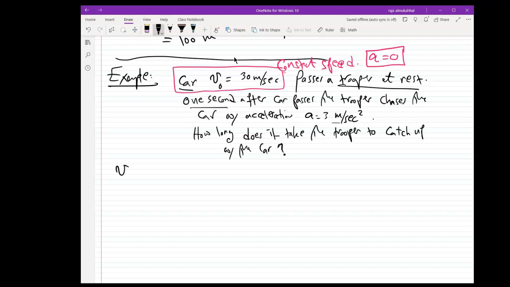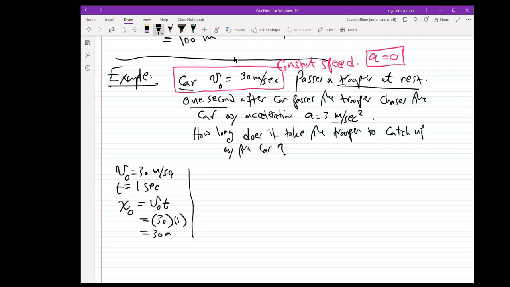The car is going at v naught equal to 30 meters per second for a time of 1 second. So the distance traveled by the car initially is basically v naught t. Make sense? So that will be 30 times 1, so 30 meters. In other words, when the trooper started to move, the car is already 30 meters ahead of him.